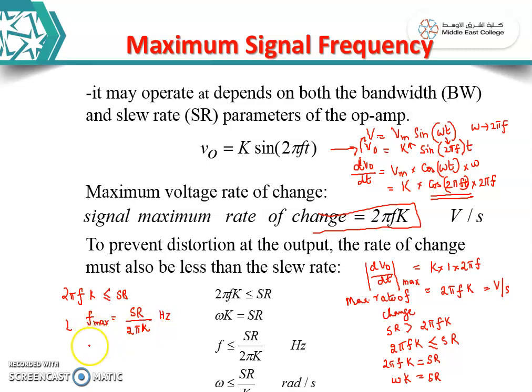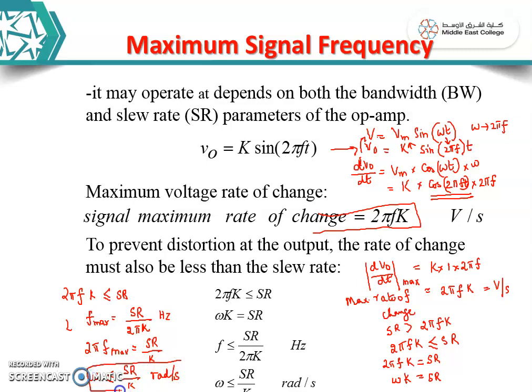And if I take the 2 pi to the other side, so 2 pi f max is equal to slew rate divided by K. So 2 pi f is omega, so omega should be less than or equal to slew rate divided by K. Now the unit of omega is radians per second.